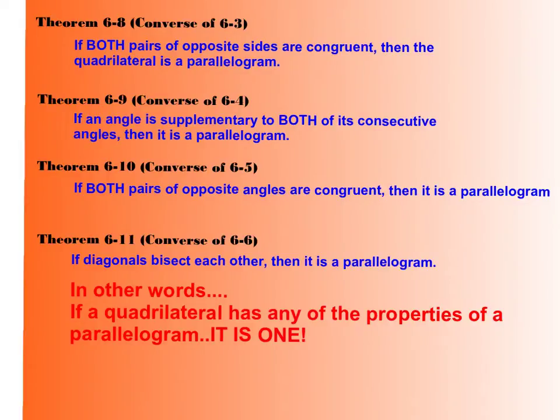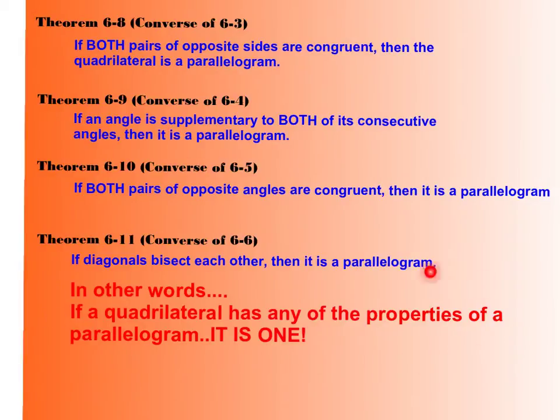So all of these theorems are telling me if this is true, then I have a parallelogram. That's where the whole proving parallelogram thing comes in. Theorem 6.10. If both pairs of opposite angles are congruent, then it is a parallelogram. And Theorem 6.11. If your diagonals bisect each other, then it is a parallelogram.